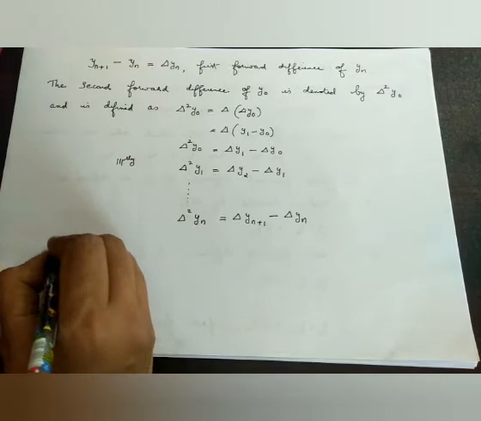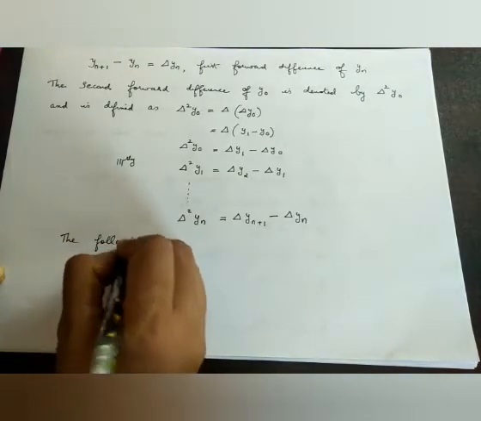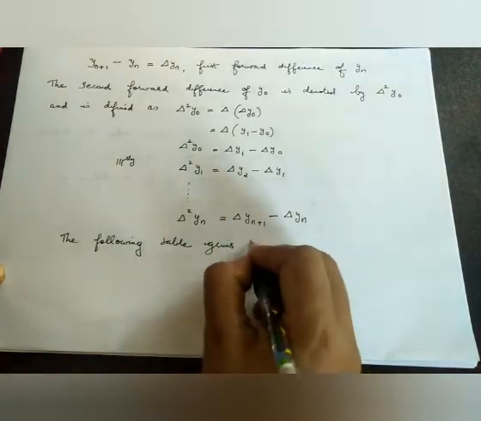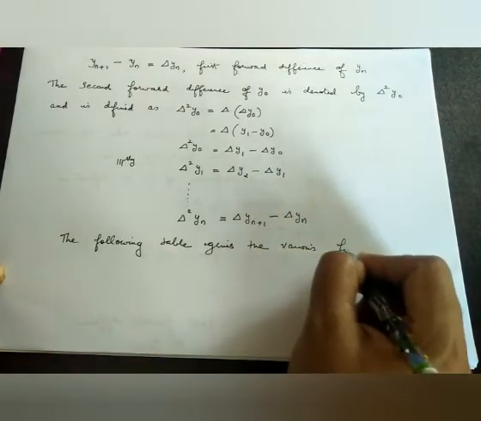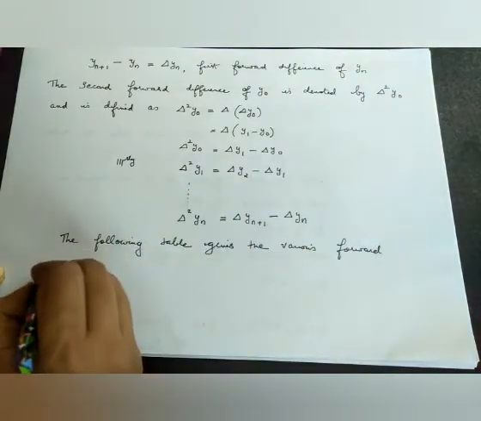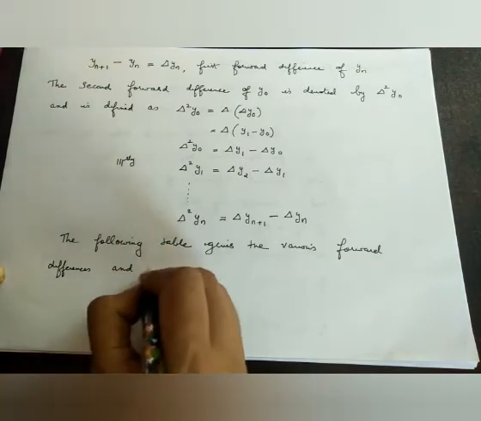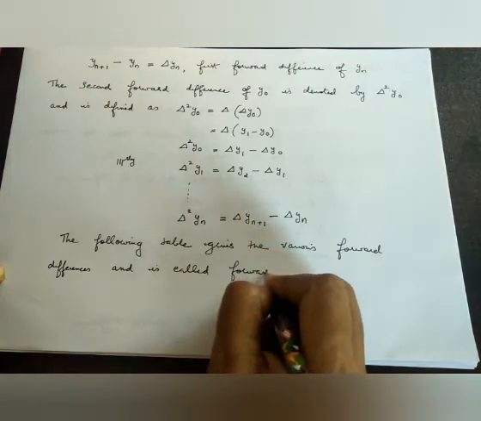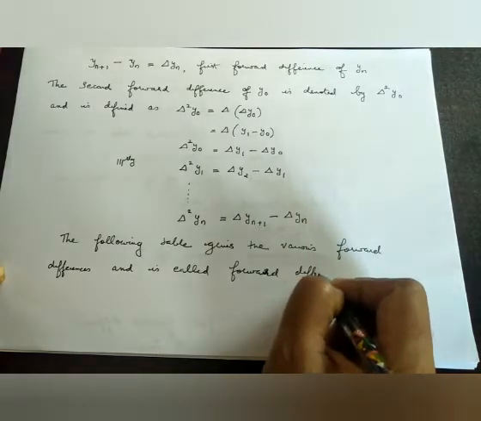The following table gives the various forward differences, and is called the forward difference table.